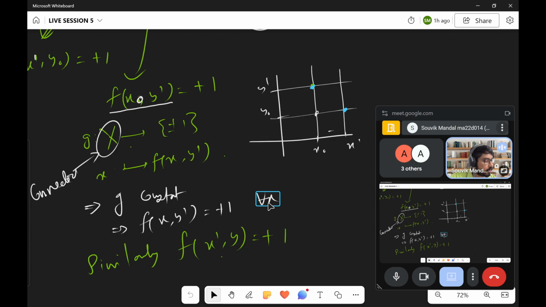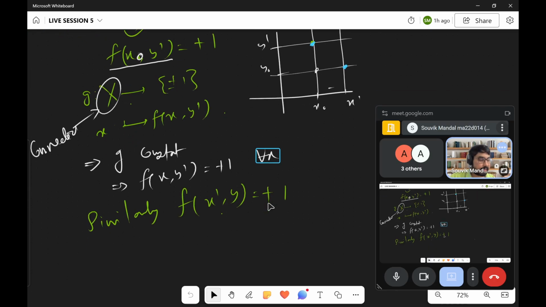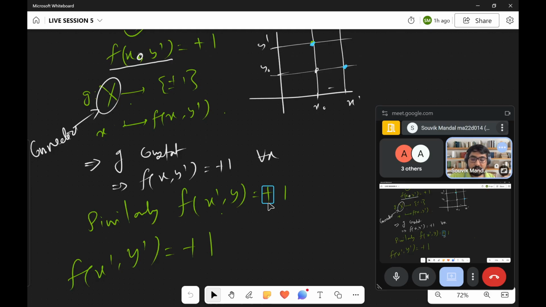So this one is also plus 1, as well as this one is also plus 1. So their intersection, which is nothing but x prime comma y prime. So this tells that f of x prime comma y prime is equal to plus 1. So that was our target.